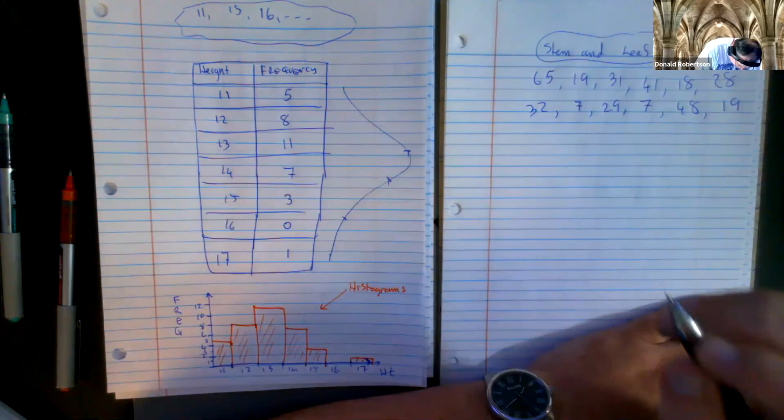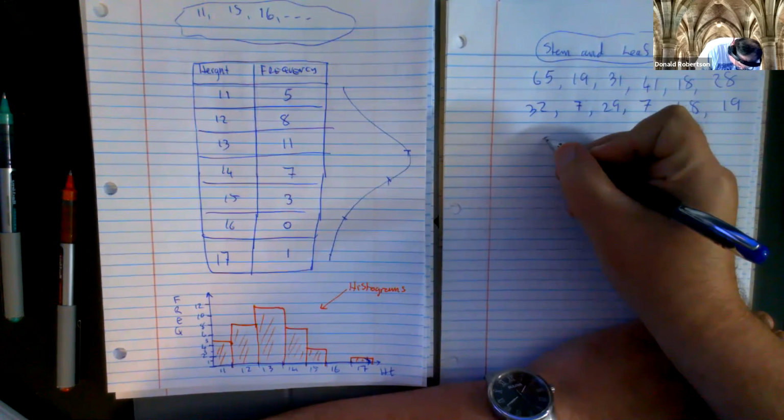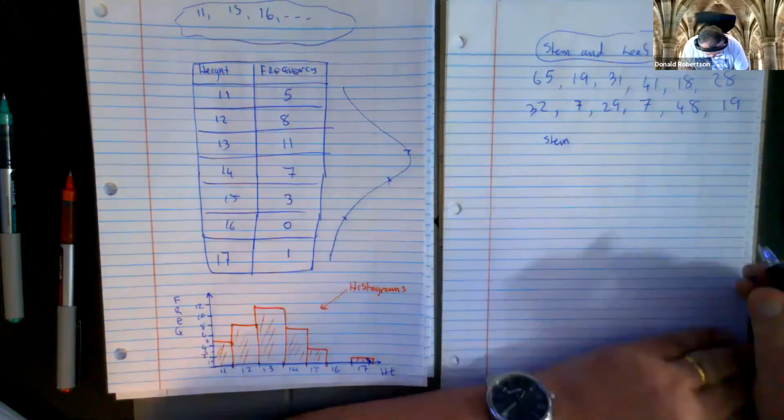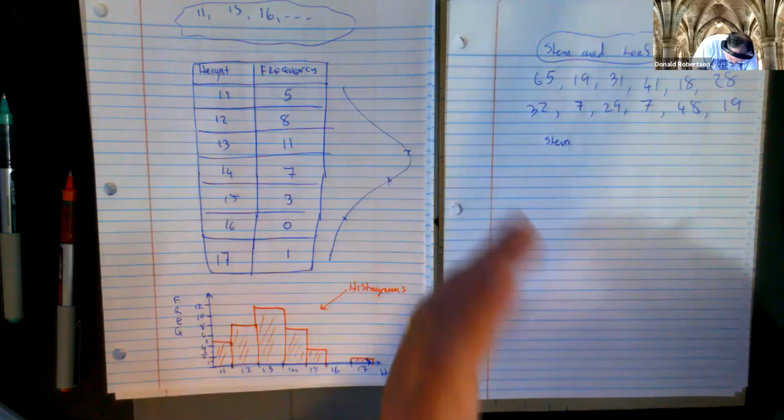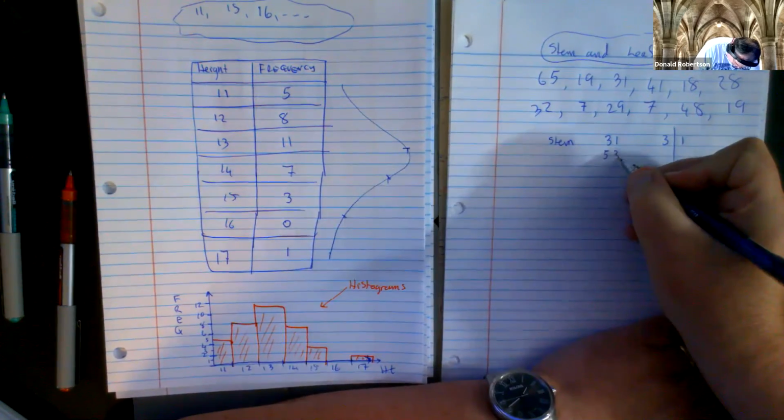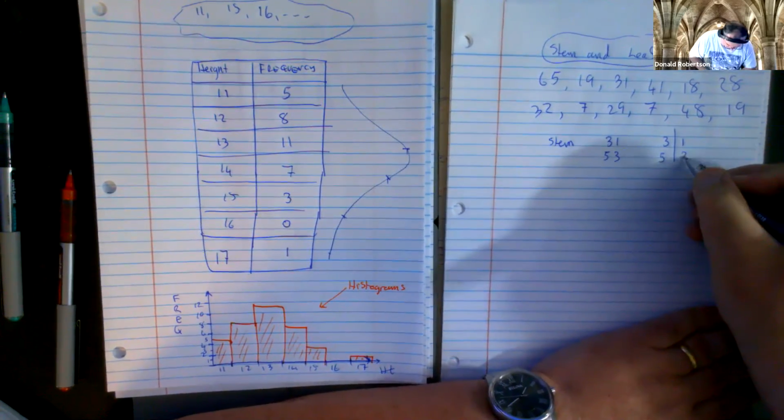So what you do is you have a guy called the stem. Now, in this question here, the stems are going to be the teens. So I'll give you an example of what I mean. If you did somebody who's 31, they would be 3/1. If somebody was 53, it'd be 5/3.